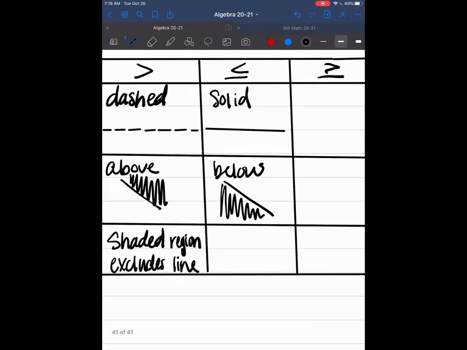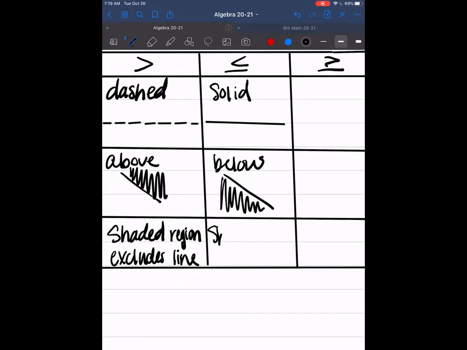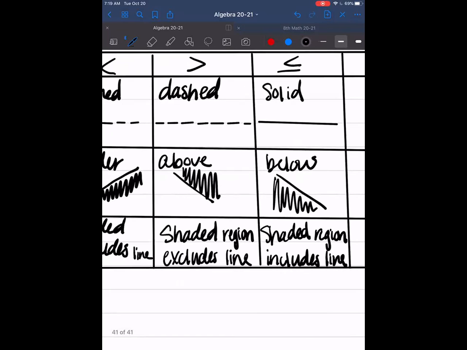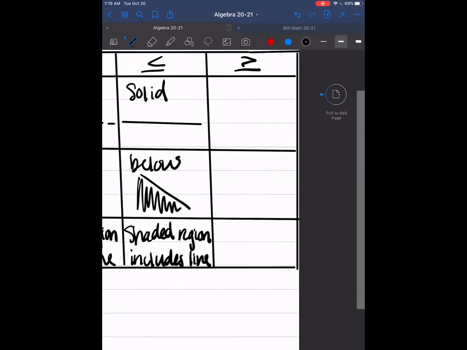And the solution set is the shaded region, and it includes the line. Because it's a solid line, that tells me that the solution set includes the points on that line. When it's dashed, it does not include the points on that line.